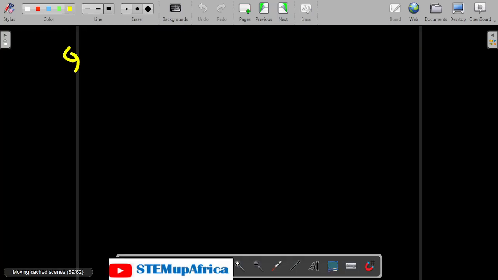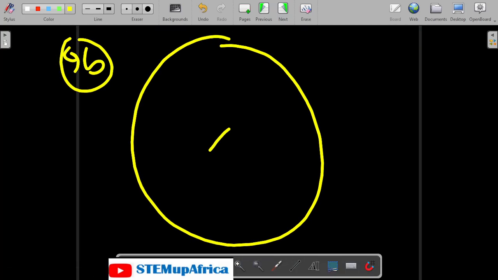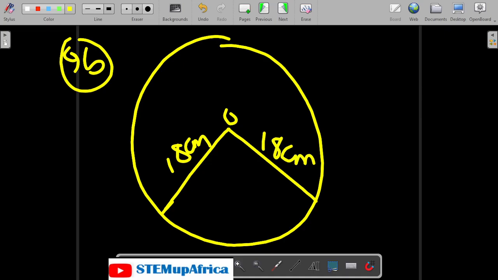So let's say this is a circle with center O. Radius is 80 cm, here is also 80 cm. The angle at the center is 120 degrees. Let's call the points A and B. So OAB is now forming a sector.